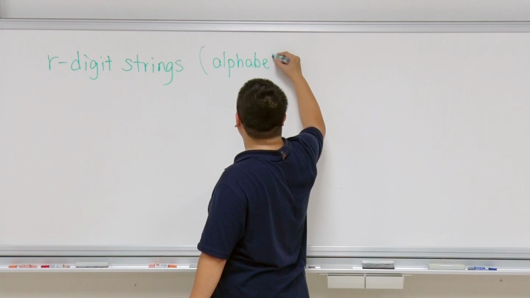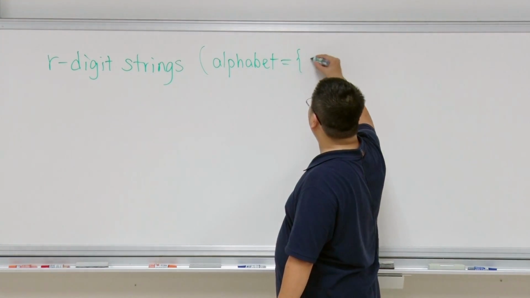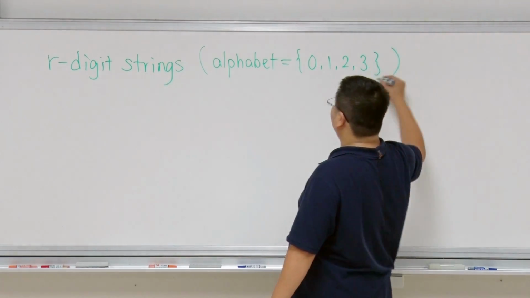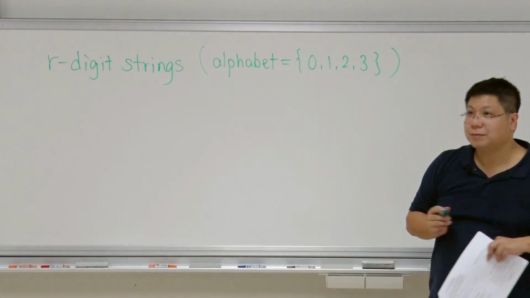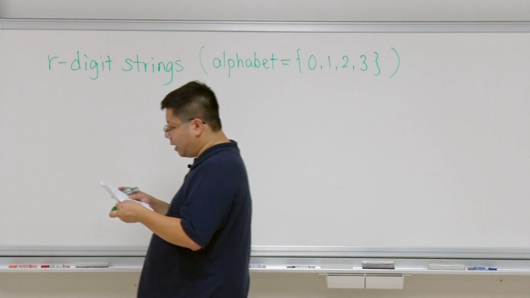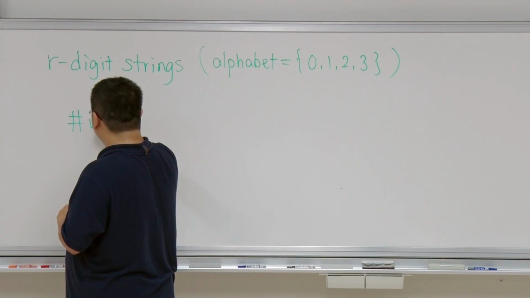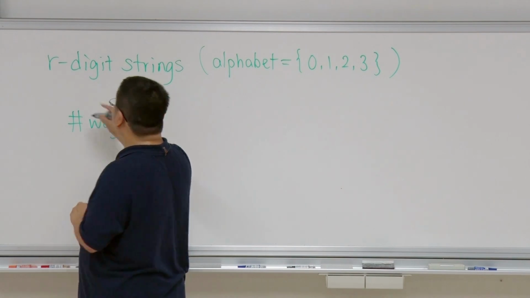So we can choose only 0, 1, 2, 3 in each digit. Is that okay?